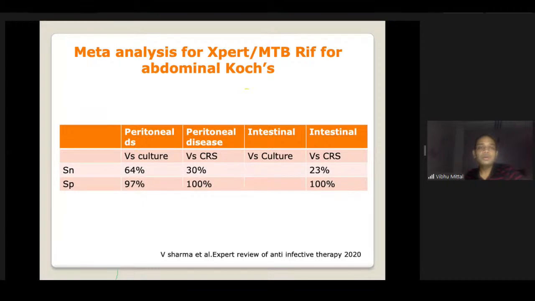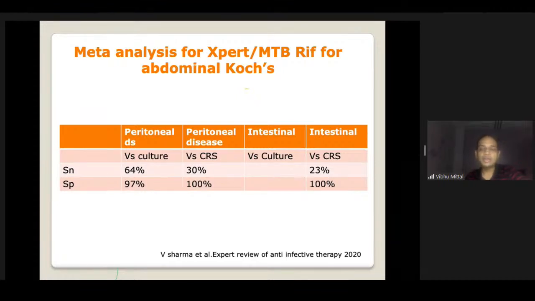This is a meta-analysis published this year, where all the studies done on Xpert MTB/RIF Ultra were evaluated. There were around 13 studies. They talked on both peritoneal and intestinal lesions. Now, whenever you compare a new test, you always have to compare it to the gold standard.